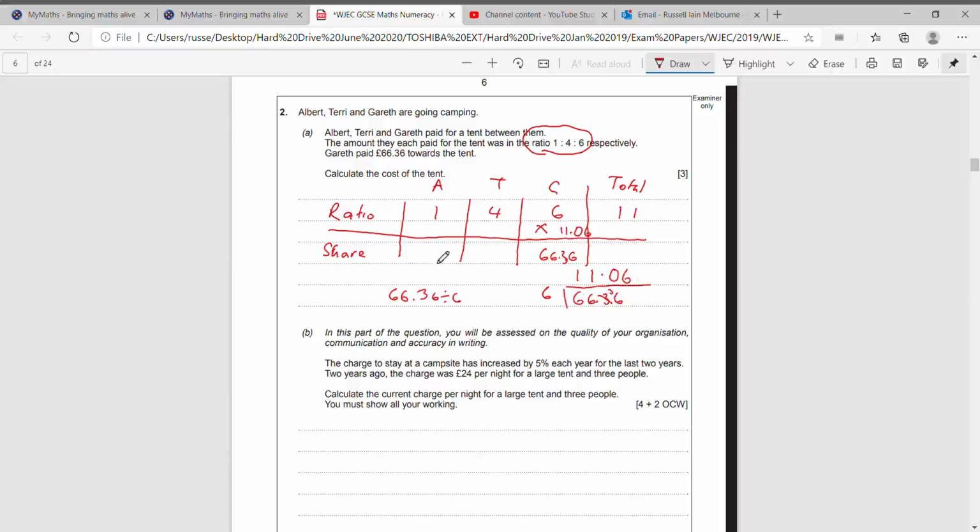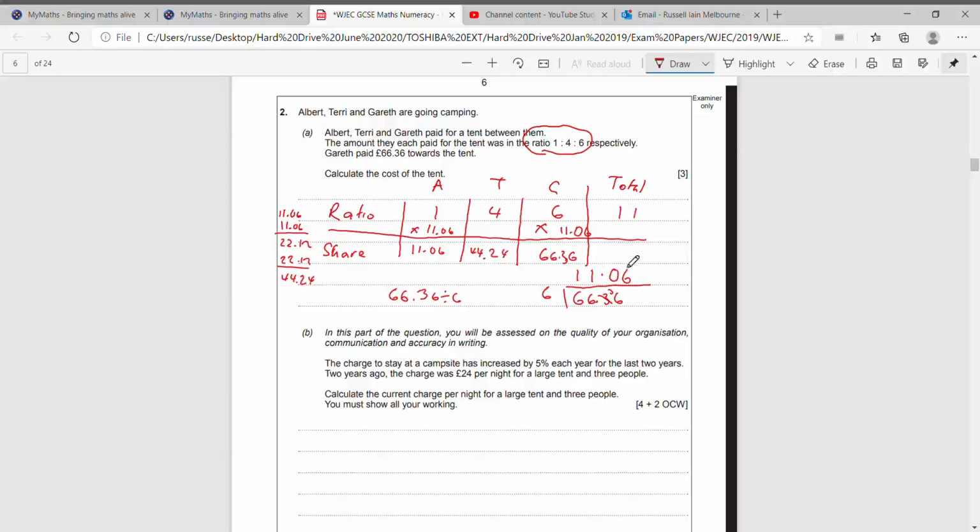Now 1 times £11.06 is £11.06, and 4 times £11.06, well, £11.06 doubled is £22.12, and doubled again gives me £44.24.